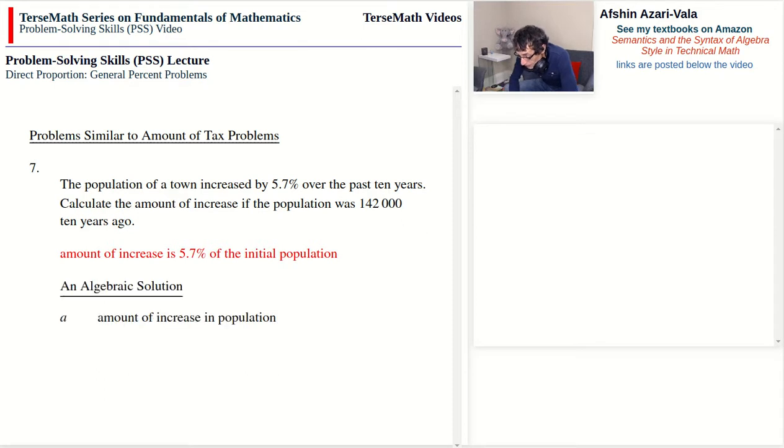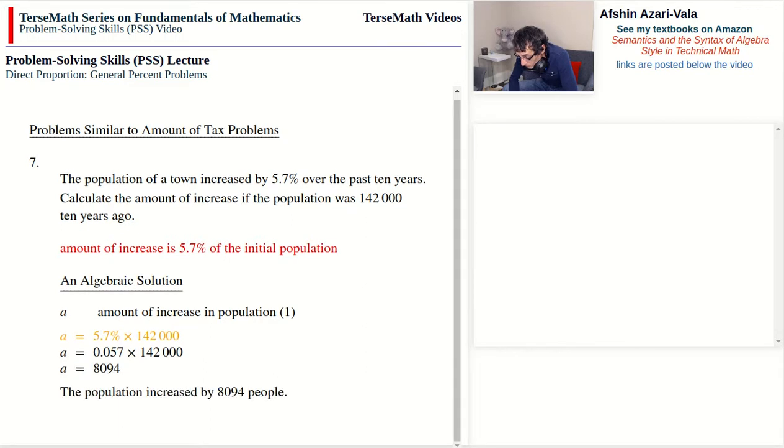With A being the amount of increase in population, A becomes equal to 5.7% of the initial population, so 0.057 times 142,000, and that comes to 8,094. So the population increased by 8,094 people.